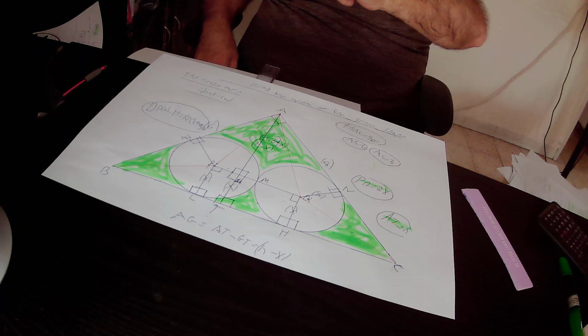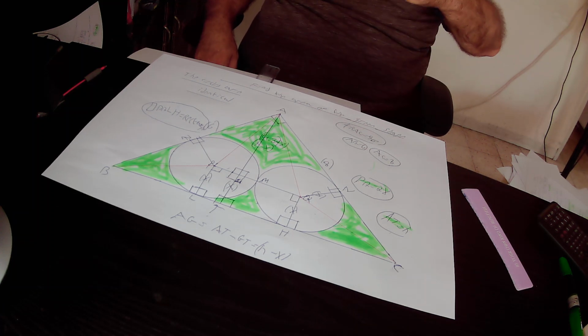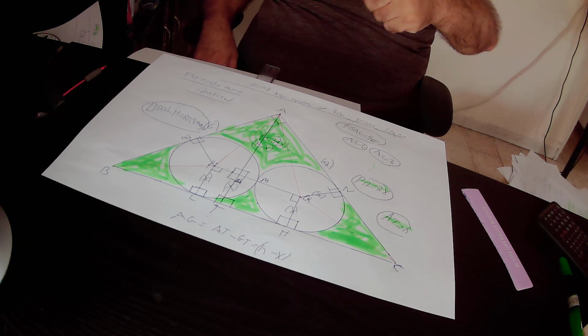The big triangle ABC equals the sum of the areas of the 6 shapes that it consists of.